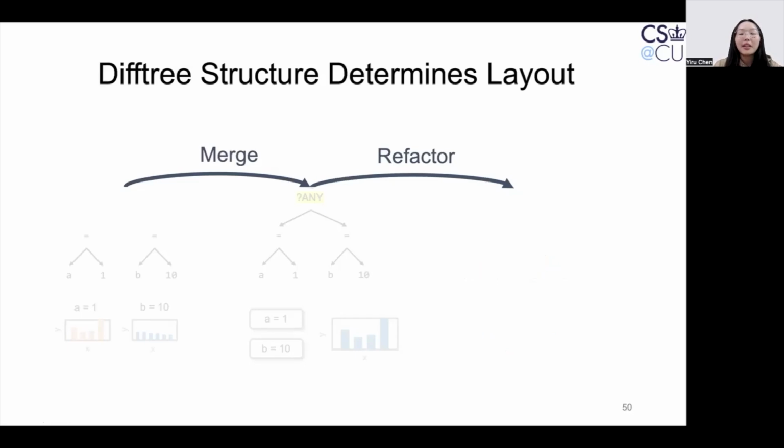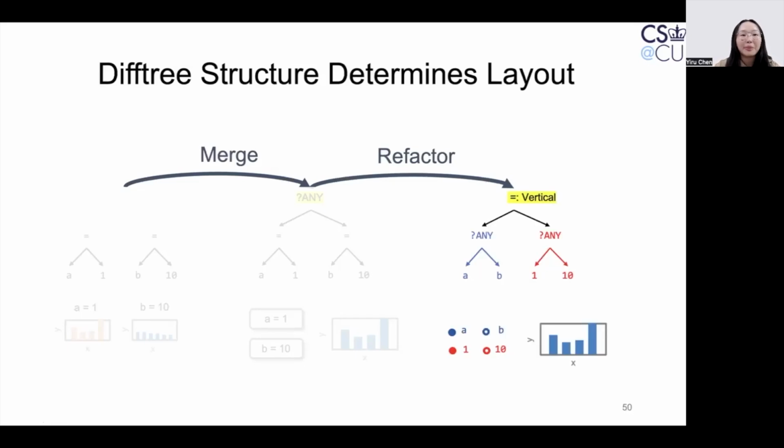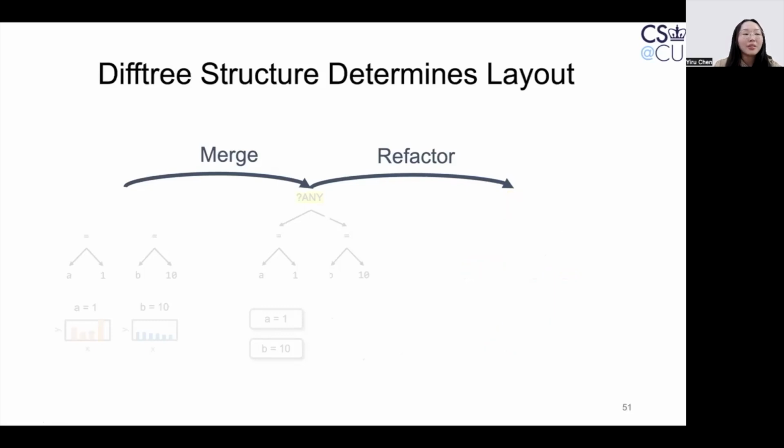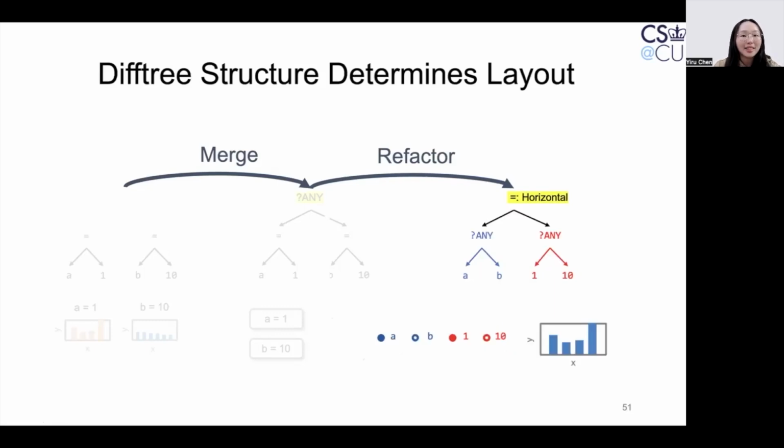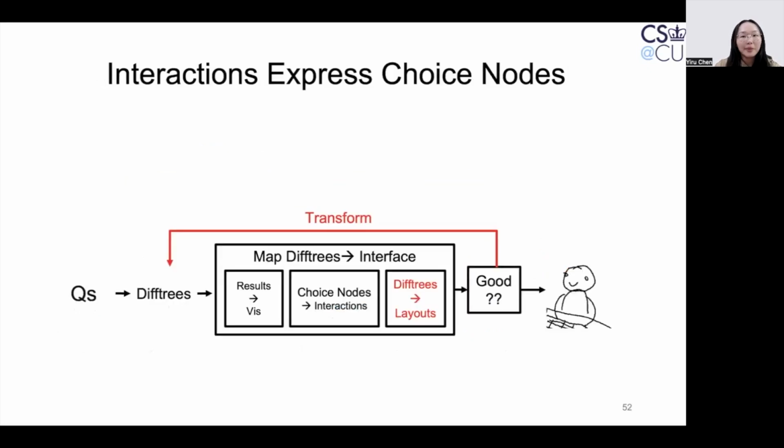So if we focus only on the right diff tree, it's vertically laid out with 2 radio buttons. And I would also like to mention that we can also change it to a horizontal layout like this, so that these 2 buttons are laid out side by side. Up to this point, we can see how the tree transformation works, and how the tree structure affects the layout.